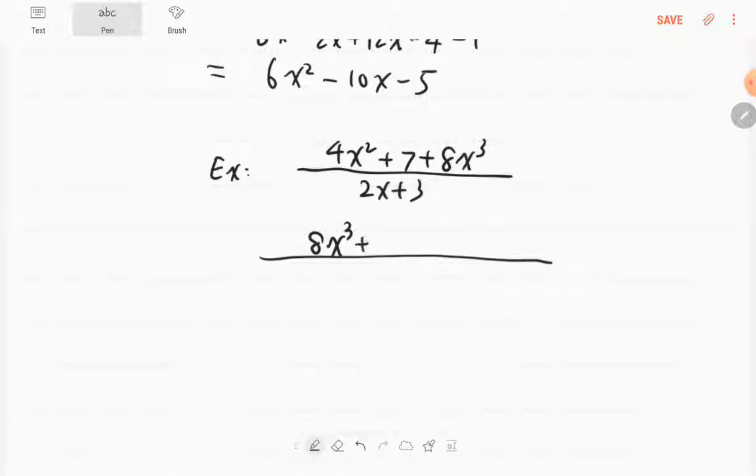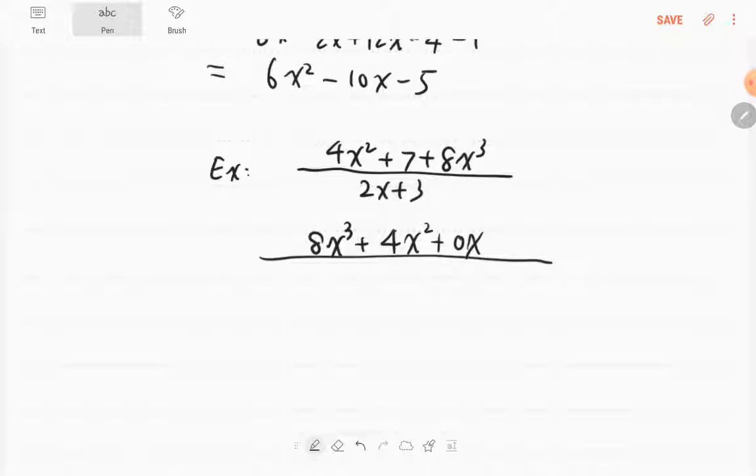So the next term, we're going to have the x squared, right? So we have that term. But the next term, we should have the x term. But here, we do not have x term. So we should insert this term, right? We should insert this term.